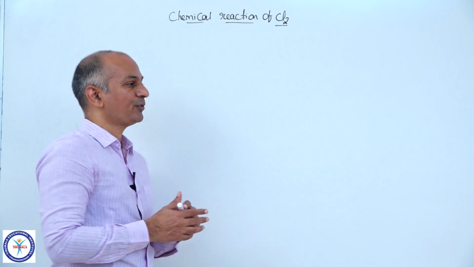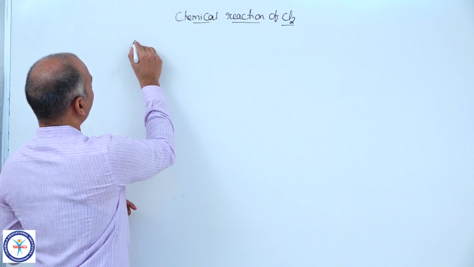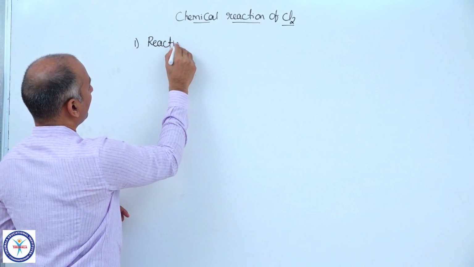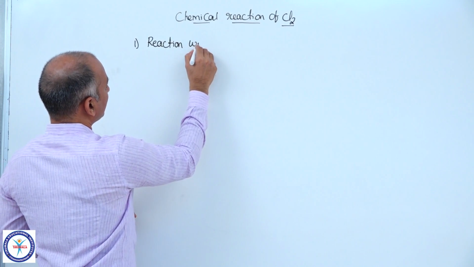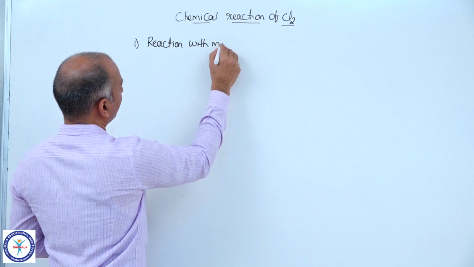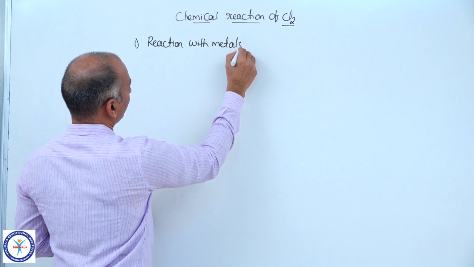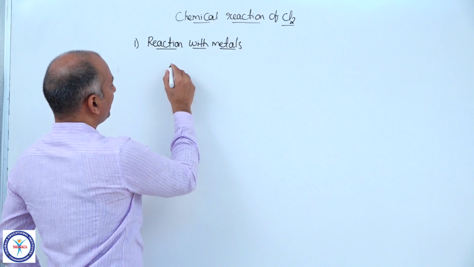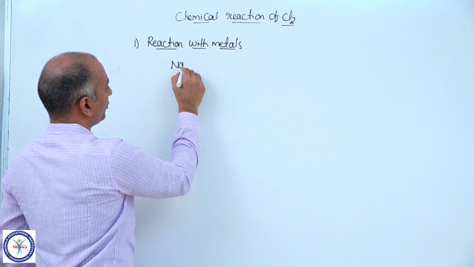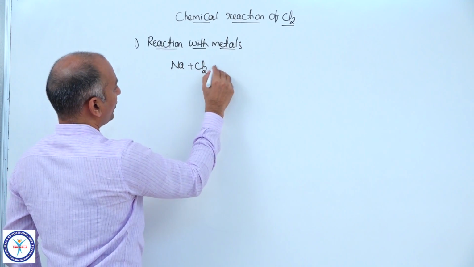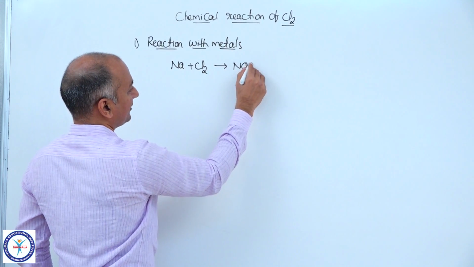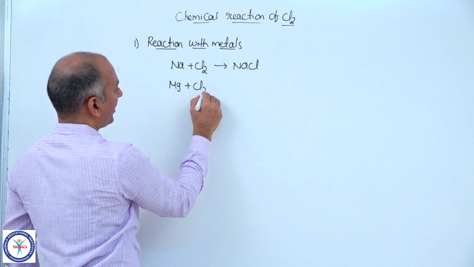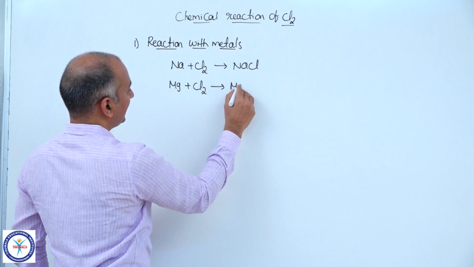Okay. So first come to reaction with metals. Reaction of chlorine with metals. Now suppose you take sodium, sodium reacts with chlorine and it gives NaCl. Magnesium reacts with chlorine and it gives MgCl2.